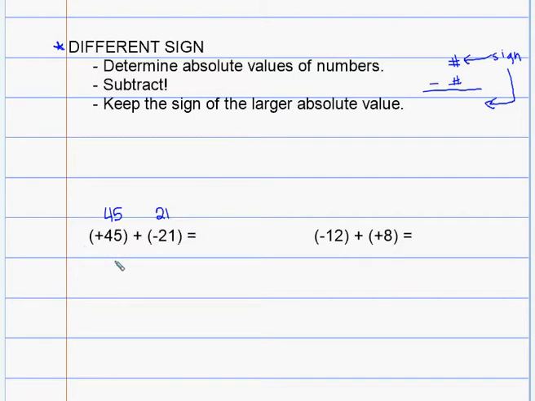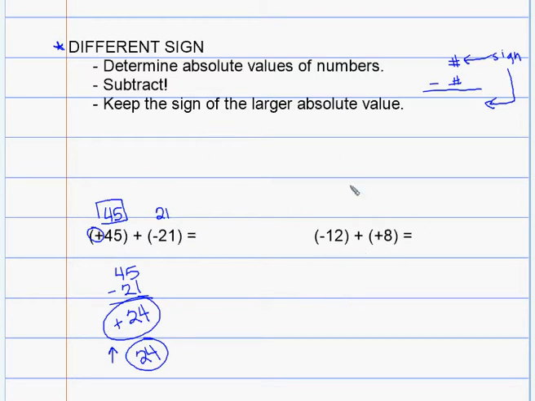So we subtract because we're going in opposite directions. We get 24, and we keep the sign of the larger absolute value. The larger absolute value was 45. That sign is positive, so our answer is positive 24. You do not need to put the plus sign though, because we all know that 24 is the same as plus 24.